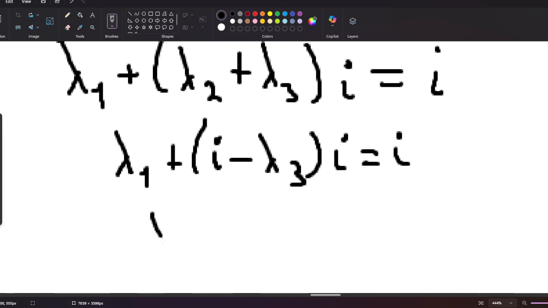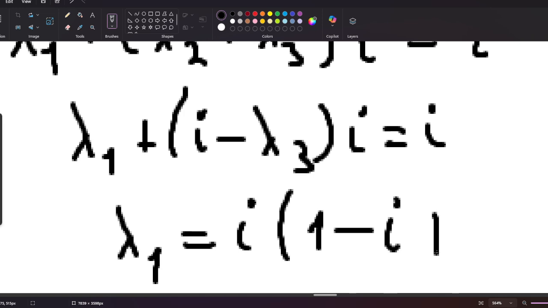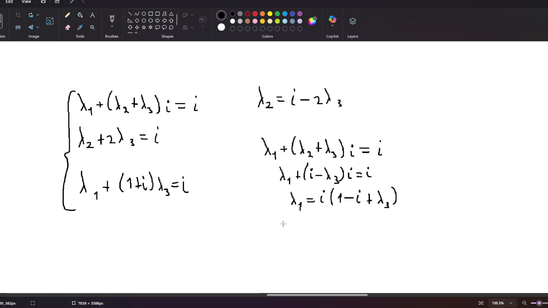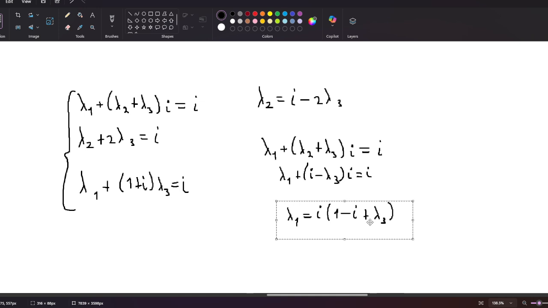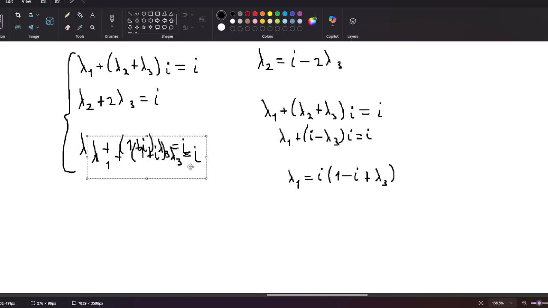Now if we were to transport this to the right hand side, it's going to be i times 1 minus i plus lambda 3. Okay, so we have expressed lambda 1 in terms of lambda 3, so we can plug it in here now.